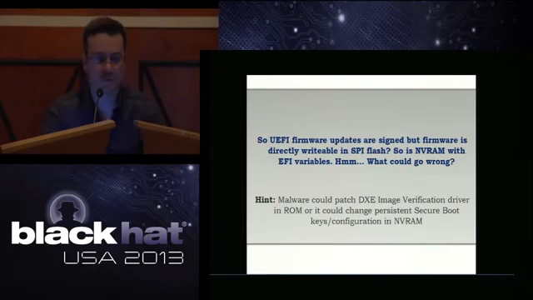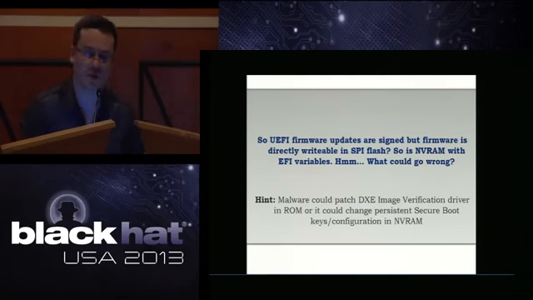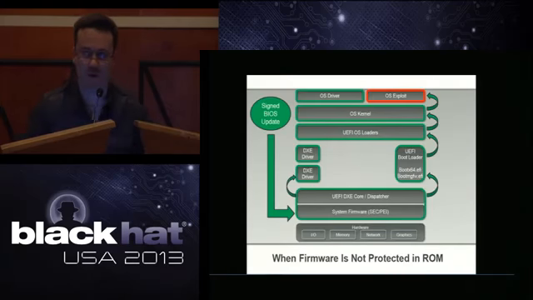Well, there's definitely something that can go wrong with that setup, right? For example, malware can patch the code directly without going through the update mechanism. So let's see how that exploit works. You've got an OS exploit, and the firmware is not protected in ROM.